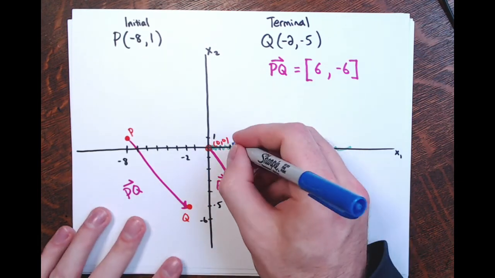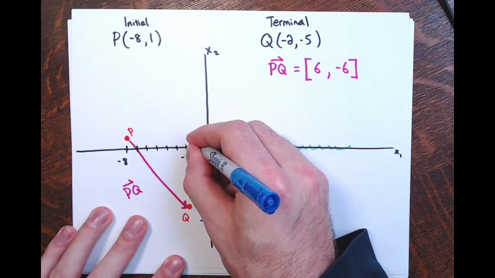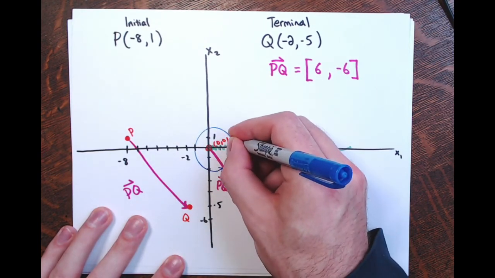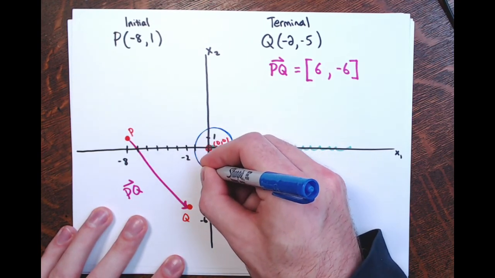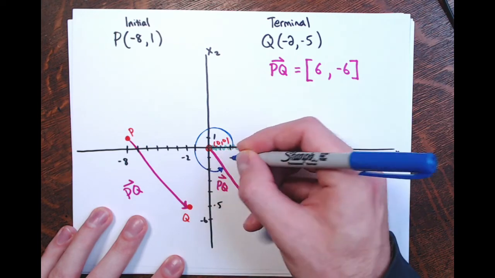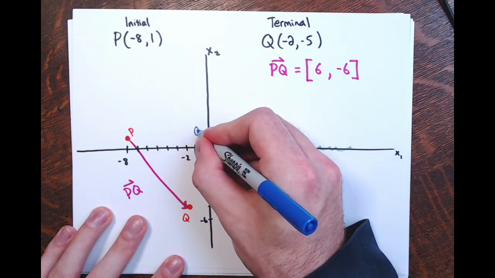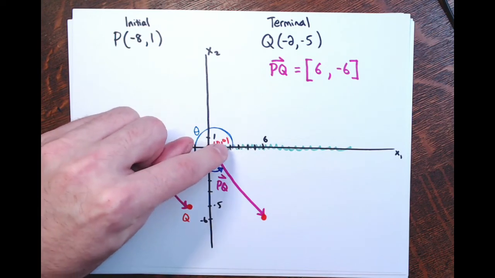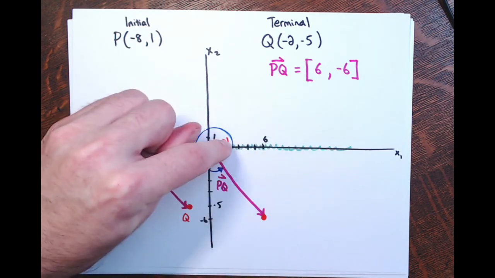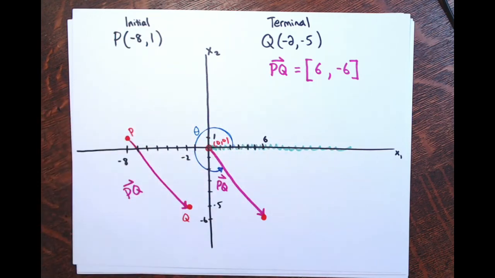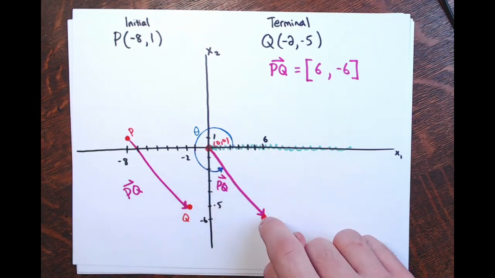So we're talking about this angle right here. So this is the angle I'm looking for. What's the angle formed by the positive x-axis and my position vector? Again, the same vector that is over here.